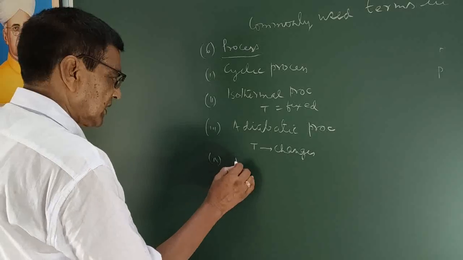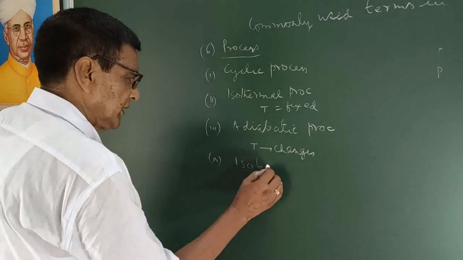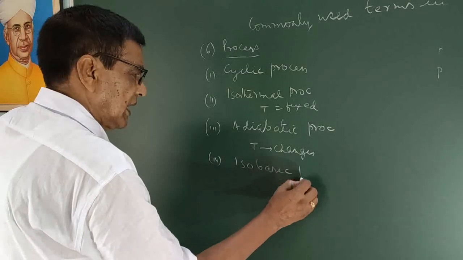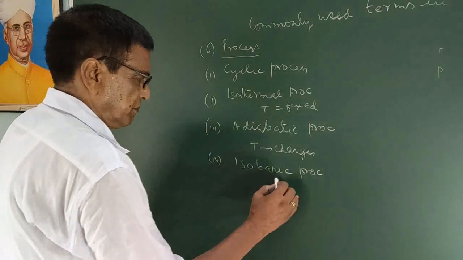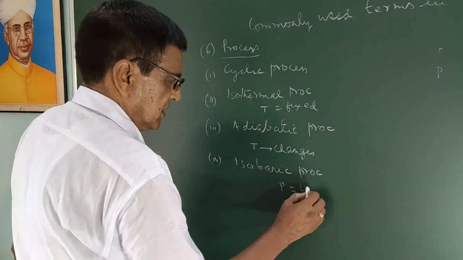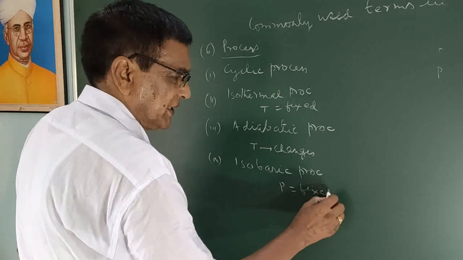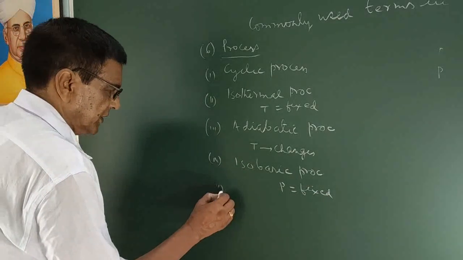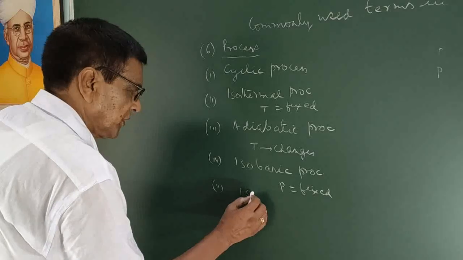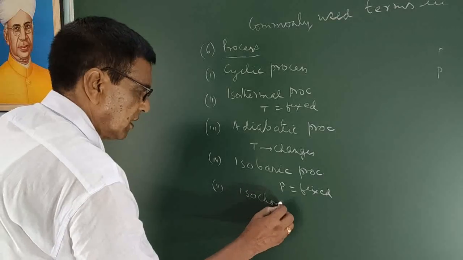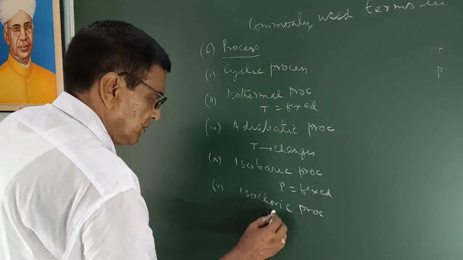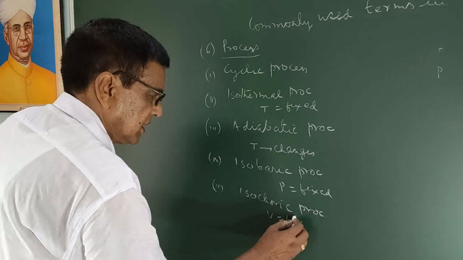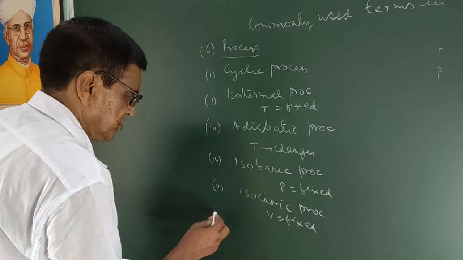And the fourth one is the isobaric process. In an isobaric process, P remains fixed and volume will automatically change. The fifth one is the isochoric process. Here V is fixed and P is changed.